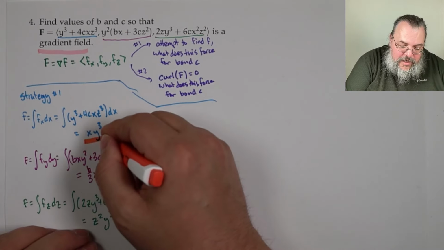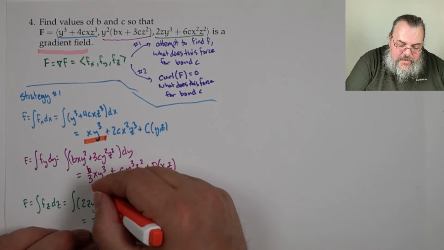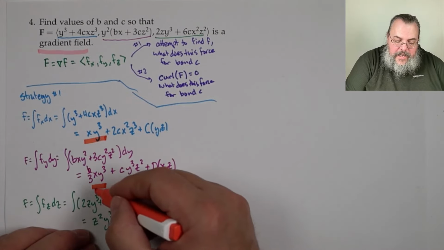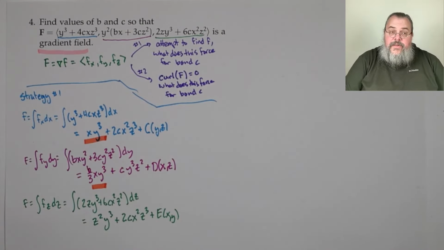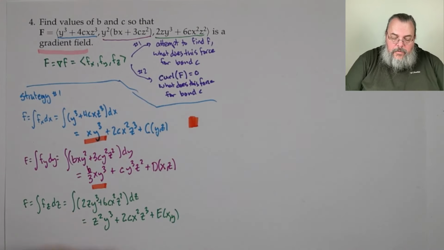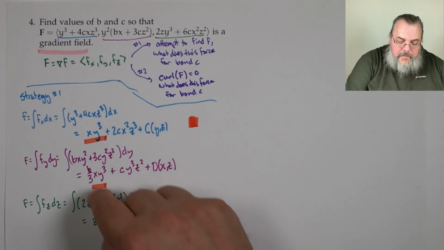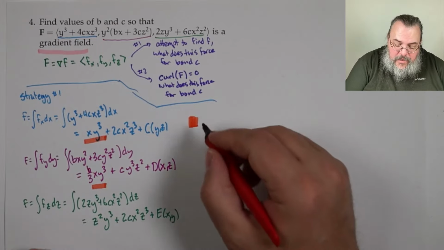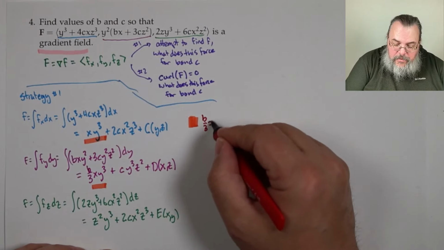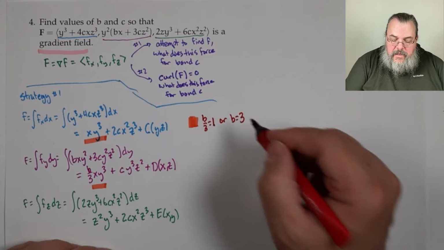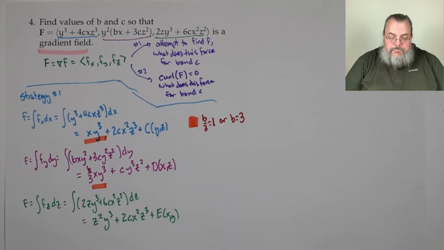The xy cubed has to match the xy cubed. So anything which has the same functions has to match. Now, what does that say? Well, from this part, we say, oh, the coefficients have to match, and so we get that b over 3 equals 1, or b needs to equal 3.